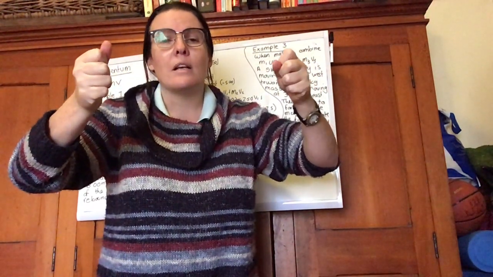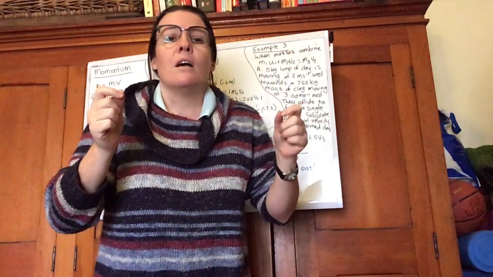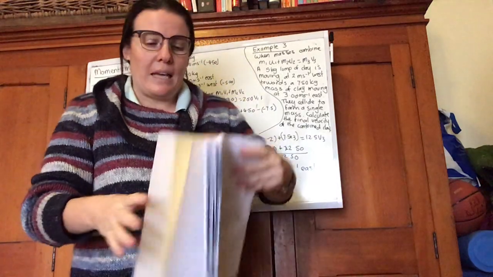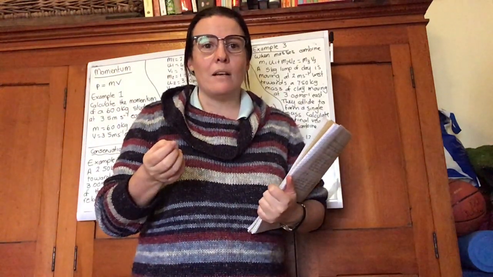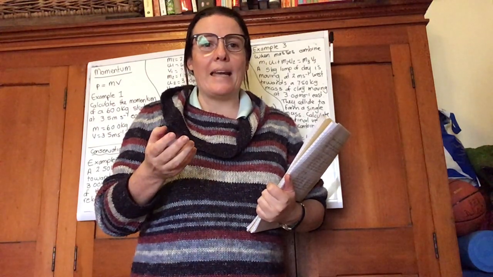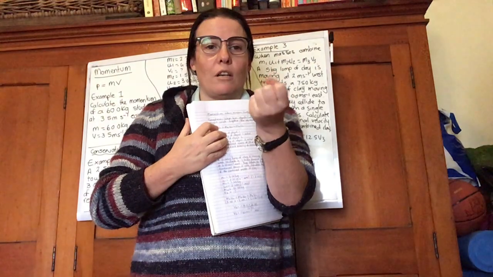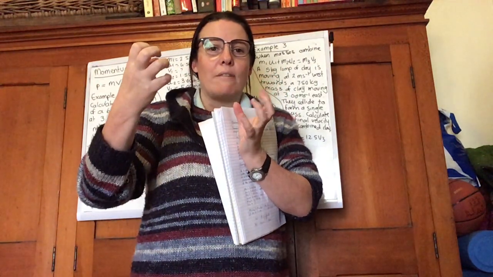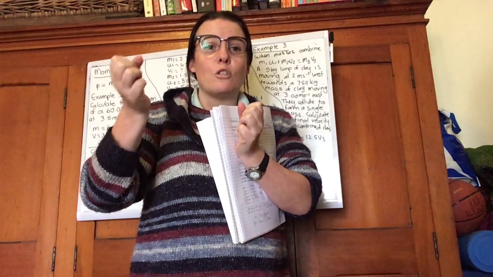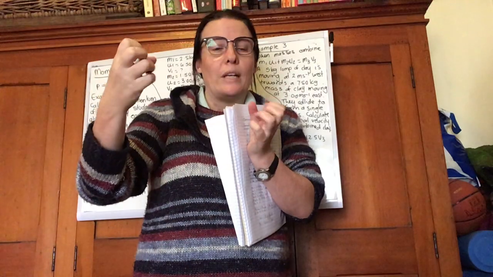Okay? So in that instance, again, we would adjust the formula by saying the mass and velocity of the first object is equal to the mass and velocity of the two other objects that it's now been exploded into.